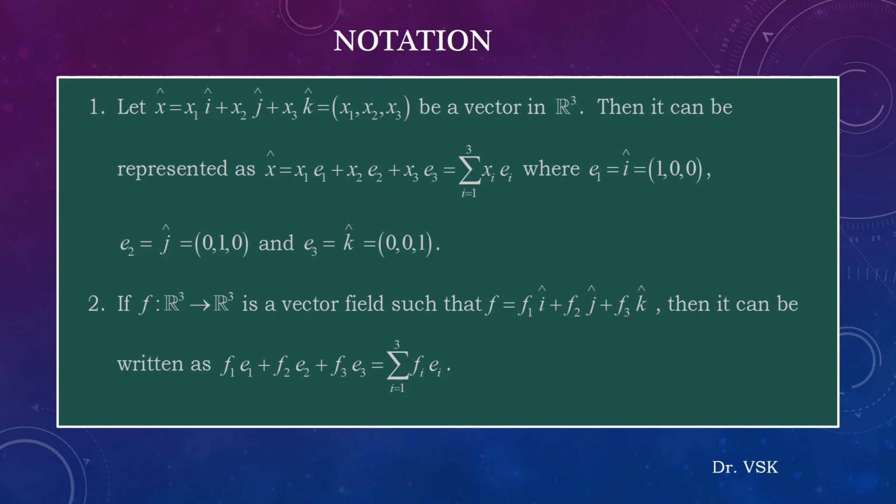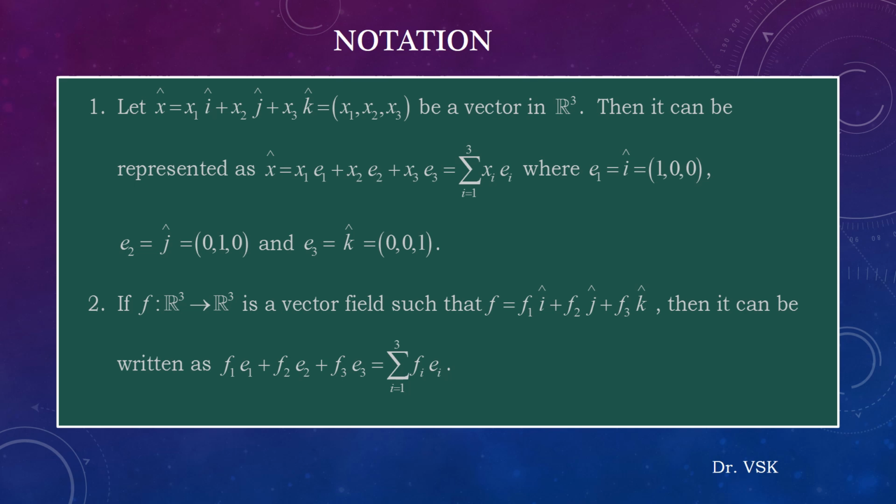Now, let us consider a vector field f from R3 to R3. Since f is a vector field from R3 to R3, we can write f equals f1 i cap plus f2 j cap plus f3 k cap. We know very well that f1, f2 and f3 are component functions of the vector field f.